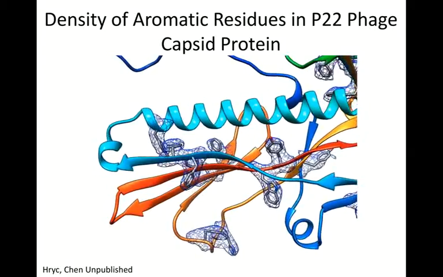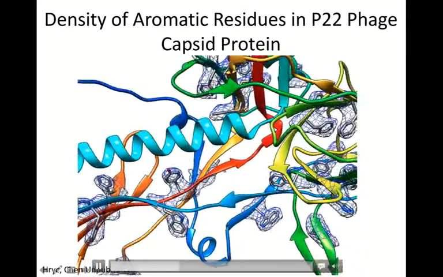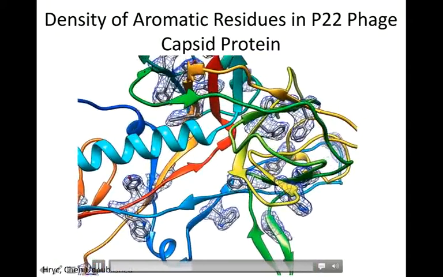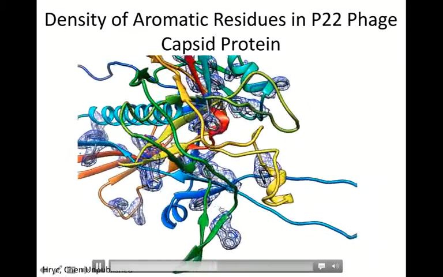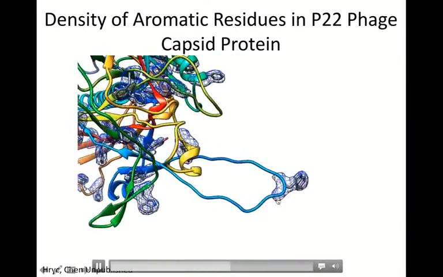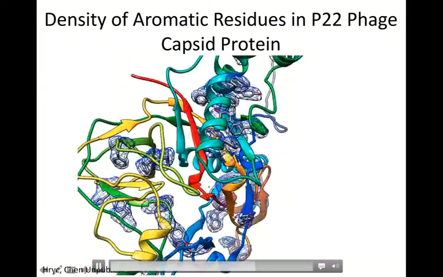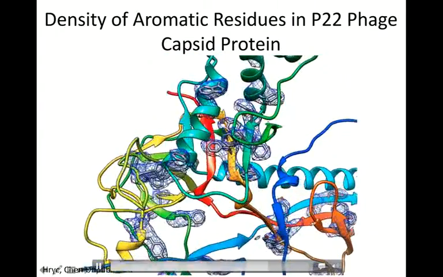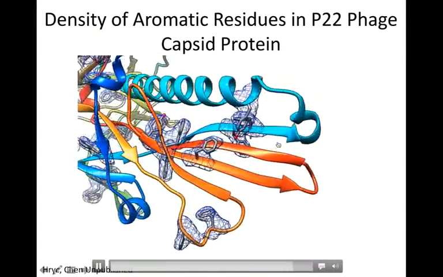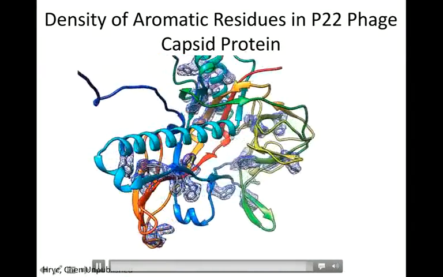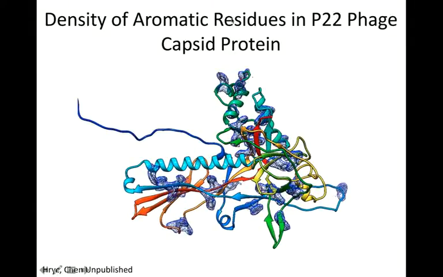The wire diagram is the density in our experimental map with all the aromatic residues. As you can see, the model built with this density looks really good in terms of the rotamer conformation of each side chain with the density map. And such a nice match between the model and density is seen throughout the entire polypeptide.